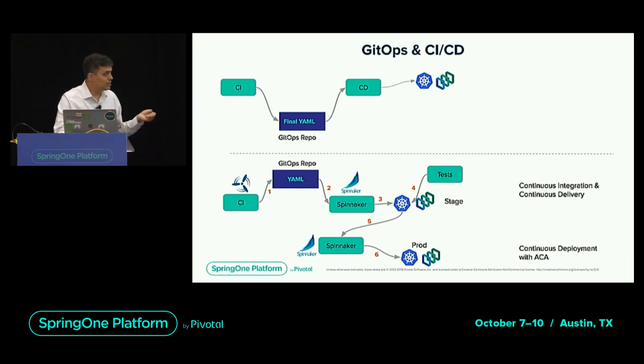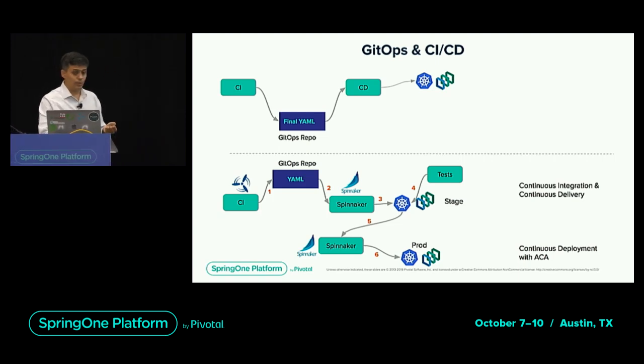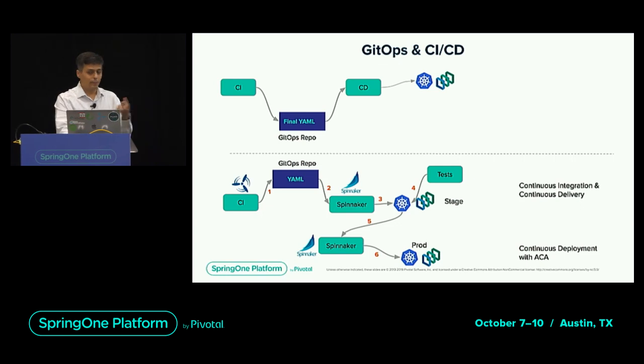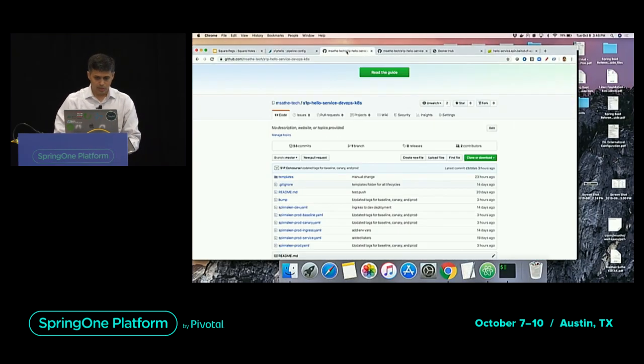It will pull what is running in staging, and that will form your canary. It will pull what is running in production, and that will form your baseline. Based on that, it can do canary analysis without actually depending on GitOps. But you can add custom steps to do auditing in that case if your company requires it. So let us take a look at what we have here so far.